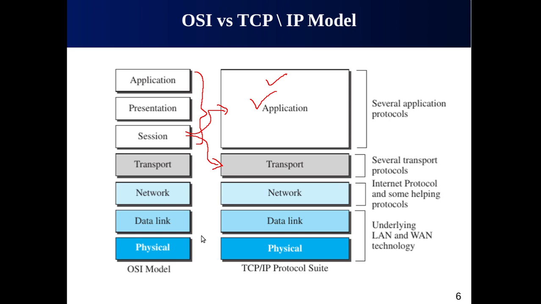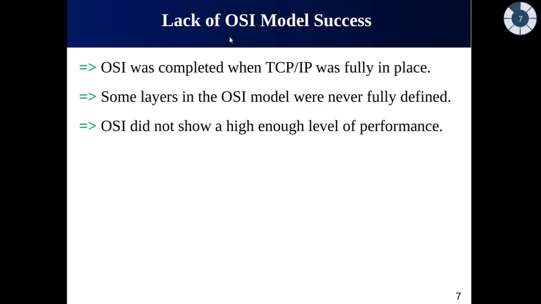Now let's see why the OSI model was not successful. Remember, the implementation of the internet is based on the TCP model, not on the OSI model, although the OSI model was proposed after the TCP/IP protocol suite model.